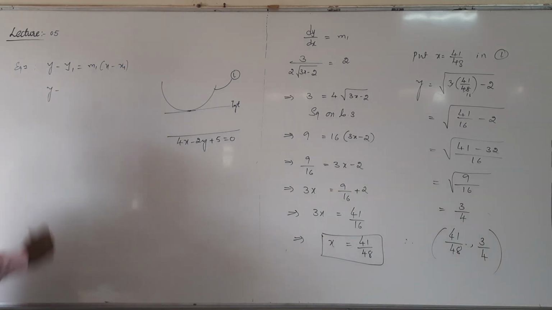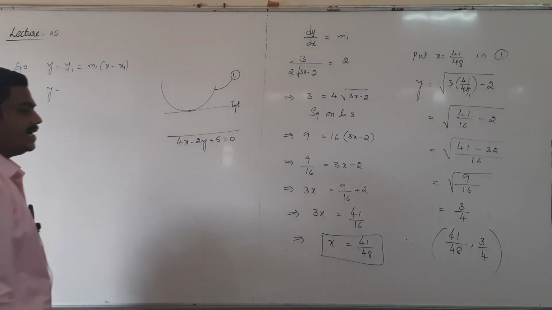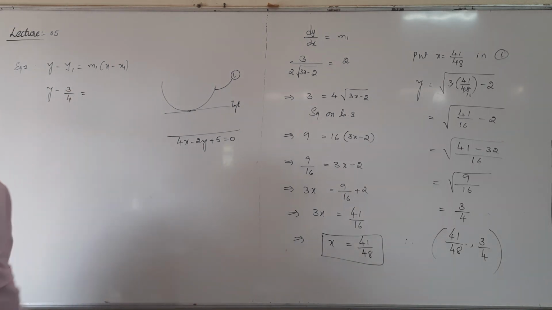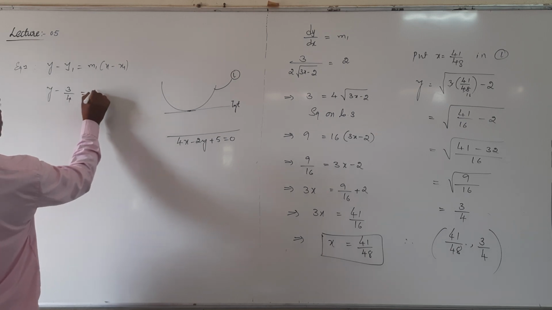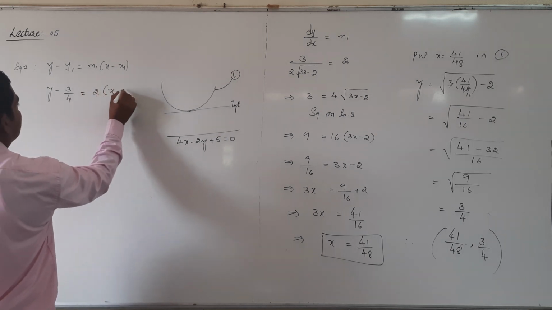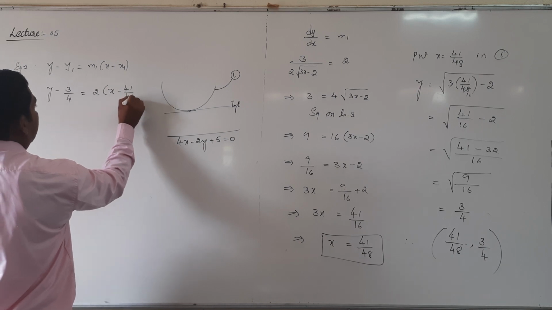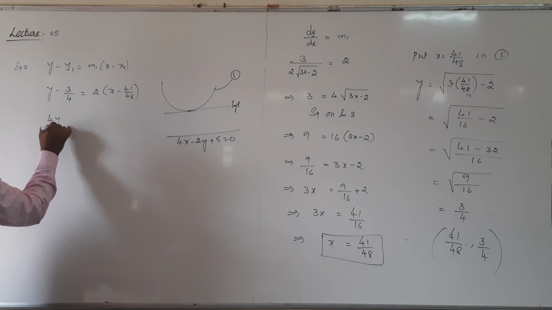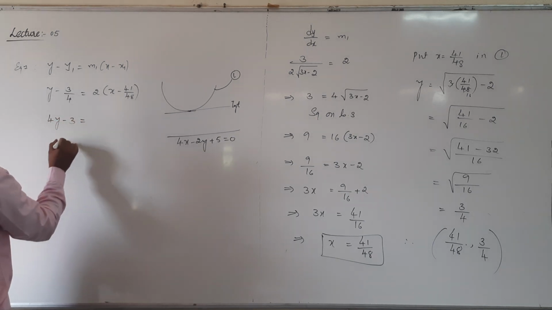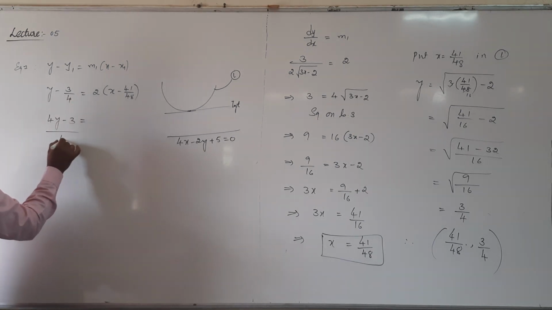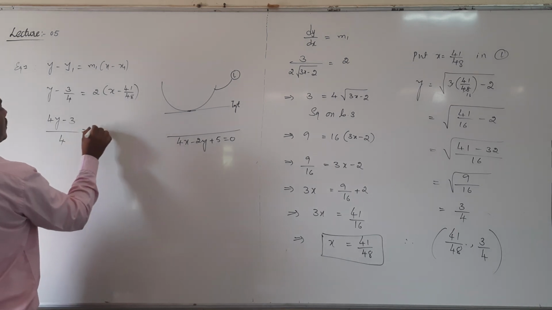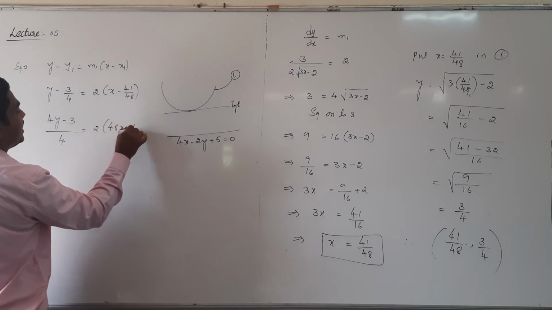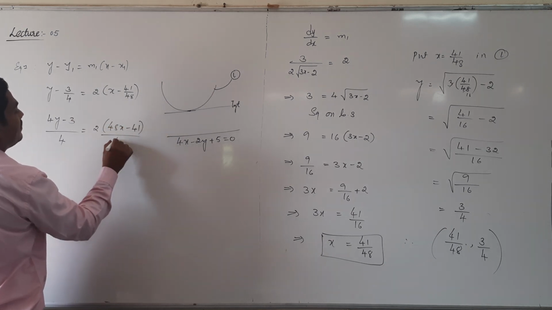Then y minus, what is y1 here? 3 divided by 4, that's equal to m1, which is 2 only, 2 into x minus x1. Now take LCM. 4y minus 3, just cross multiplication, otherwise divide by 4, is equal to 2 into, taking LCM, 48x minus 41 divided by 48.